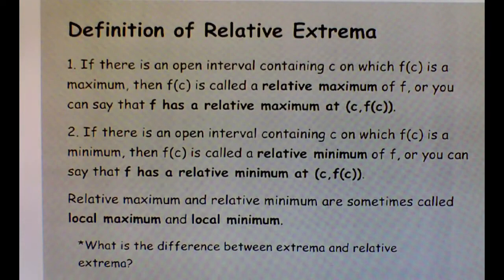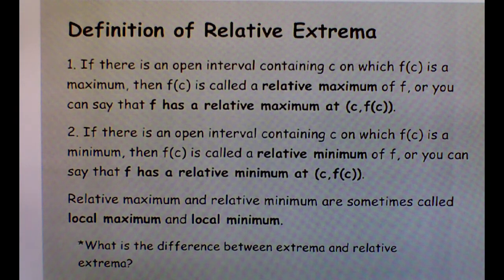So the definition of relative extrema. Those were absolute extrema we just talked about. If there's an open interval containing c on which f of c is a maximum, then it is a relative maximum. Or you can say f has a relative maximum at c, f of c. Like I just said, there was a max at 3, 2, whatever those numbers are.